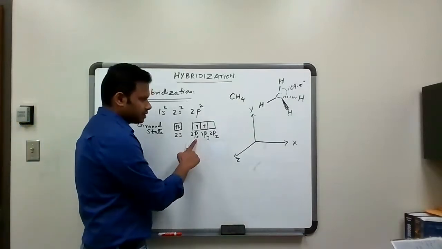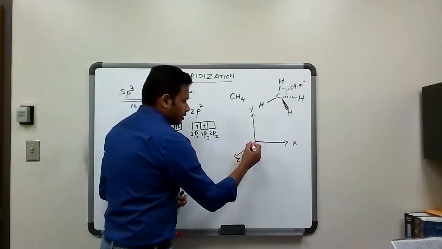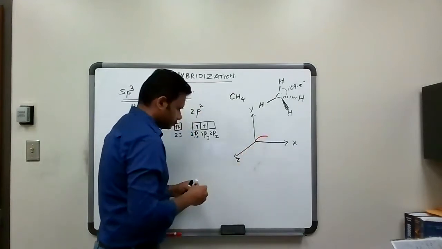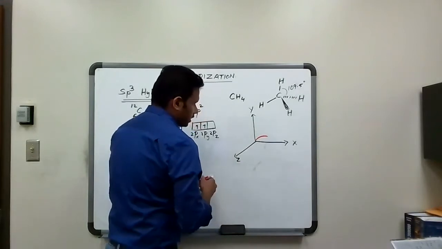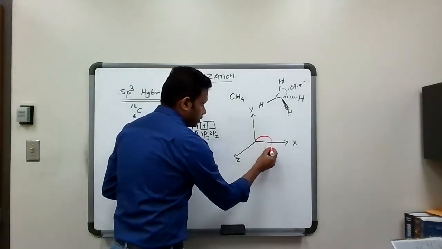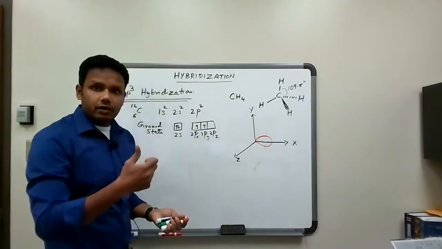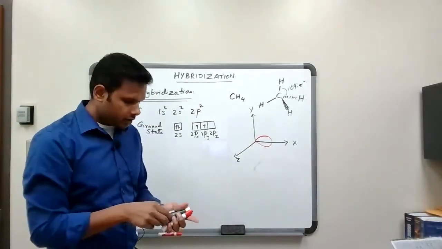When we say it's a px orbital, that orbital is aligned along the x-axis.